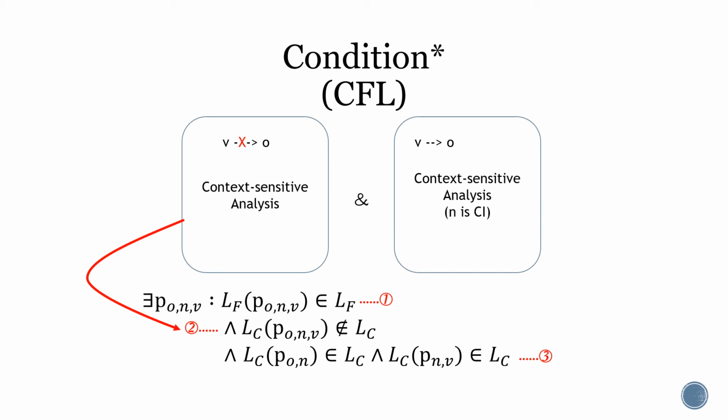And at the same time, both of its two subpaths are context-sensitively reachable, which makes the single point n the only context-insensitive node. Condition 1 plus condition 3 corresponds to the latter one in the original condition. That is, V points to O in a context-sensitive pointer analysis where n is the only node analyzed context-insensitively.